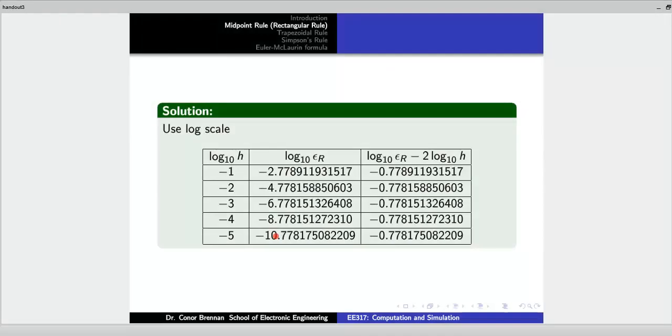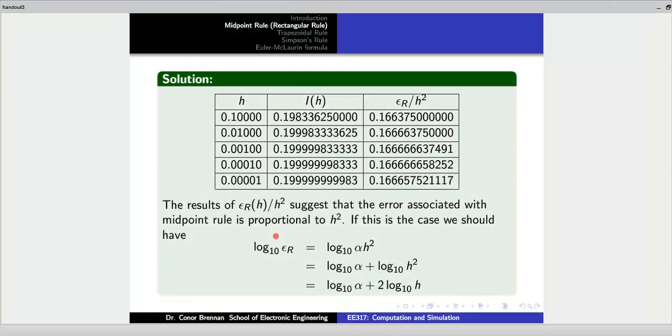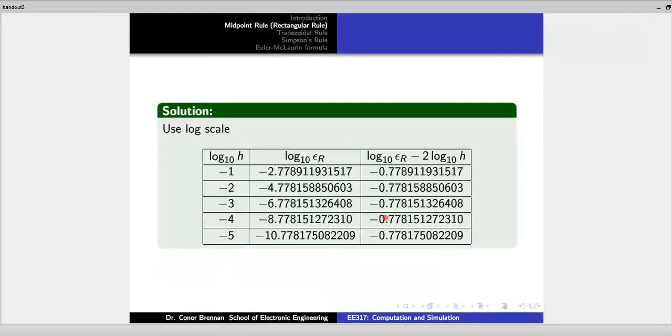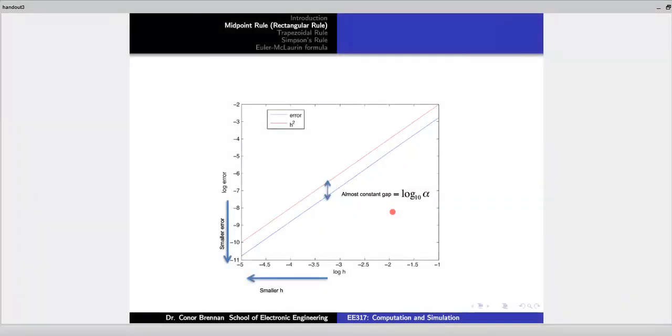Okay? And what we would expect if our error analysis is correct, our error analysis suggested that epsilon r is proportional to h squared. That means on a log plot, this should have the same shape as log of h squared, which is the red curve, just offset by a constant amount. The constant amount being about 0.777.